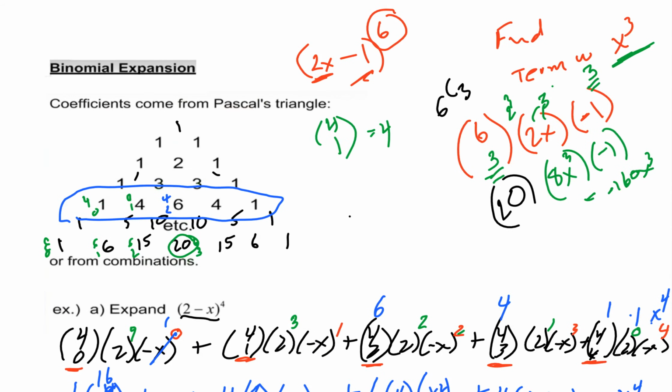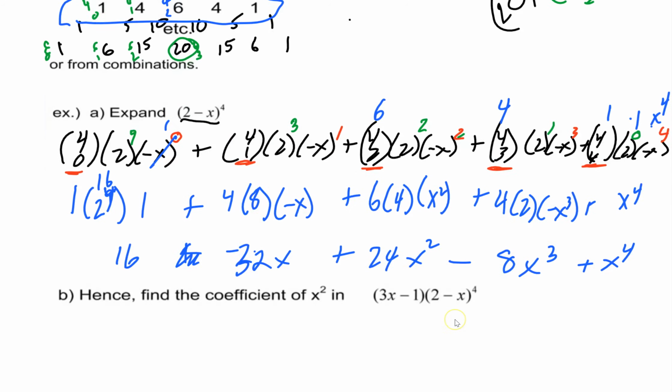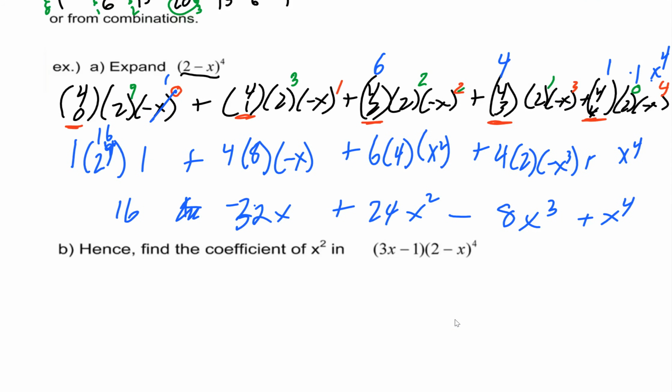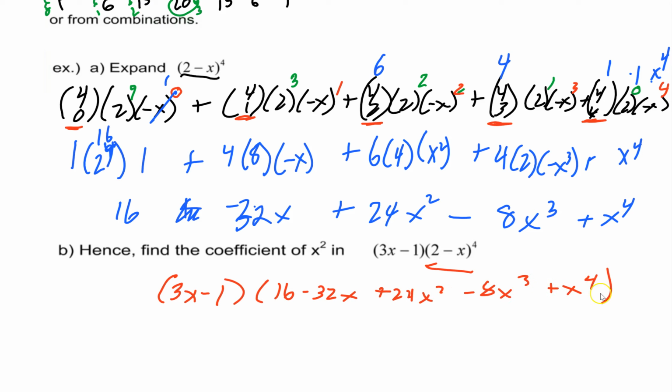Most of the time it's something like this, find a certain term, but sometimes they try to make it a little fancier and do something like this and like this. So let's do this. Remember, this we just found right there. So this is actually just a problem: 3x minus 1 times 16 minus 32x plus 24x squared minus 8x cubed plus x to the 4th. Right, that's the whole problem.